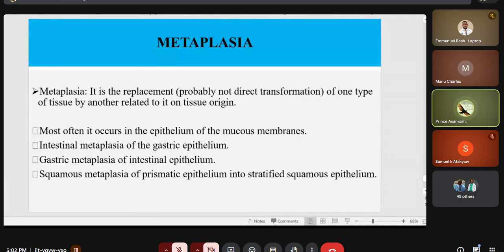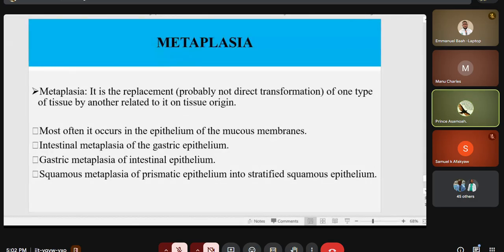What we are trying to say is, is there a situation where one tissue or a group of cells goes to play a role in another part of the body, other than where their origin is, although they are related.